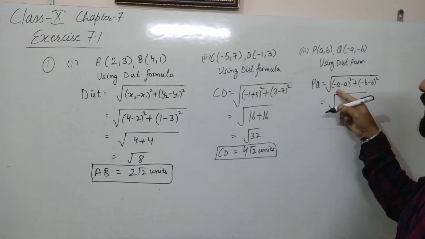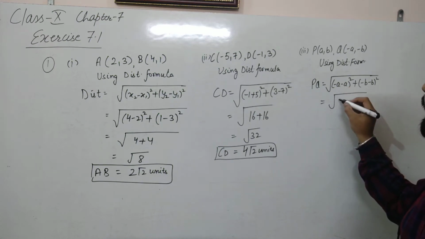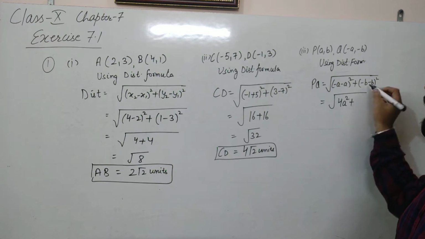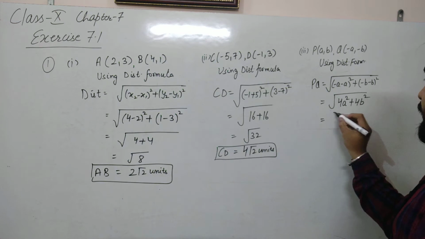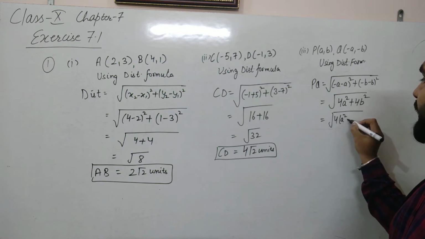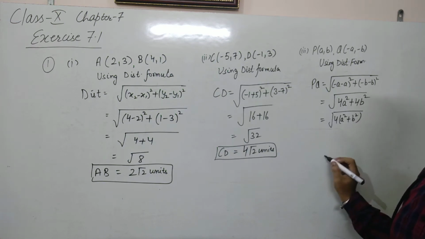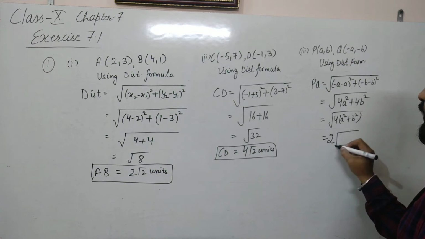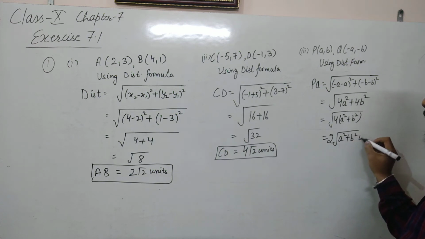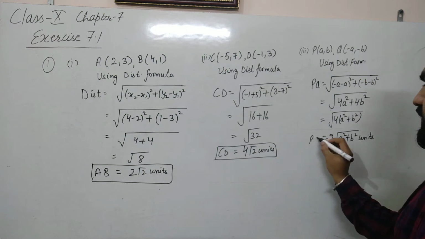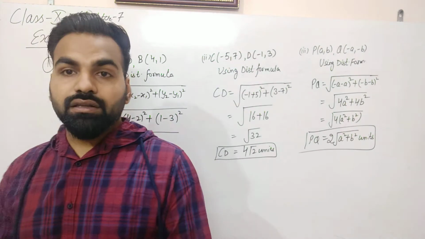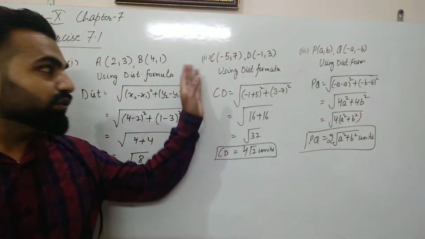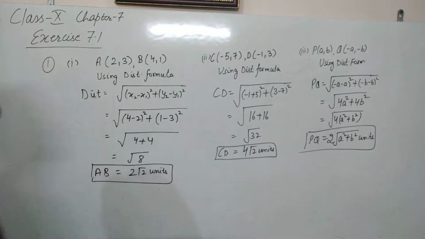So this will be minus 2a, the square will be 4a square, and this is 4b square. So taking 4 common here, 4(a square plus b square), and square root of 4 is 2. So this will be 2 root (a square plus b square) units. This is PQ. So this was question number 1, to find the distance between any 2 points using the distance formula.